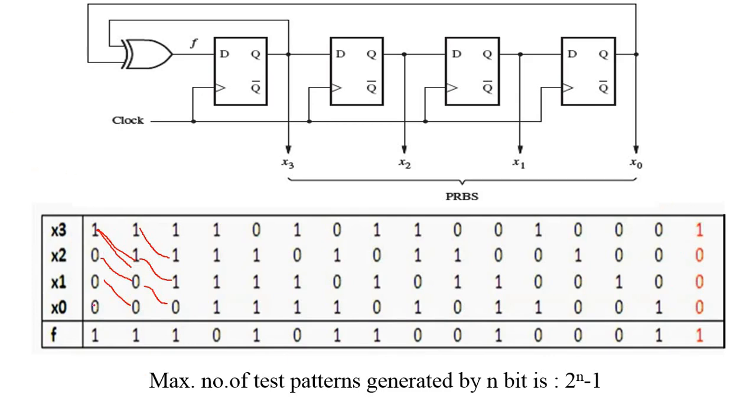Whatever the desired pattern we apply here, the same thing we can get. So the maximum number of test patterns generated in the n bit is nothing but 2 power n minus 1. In this way the circuit itself tests the circuit, that means it generates the test patterns.